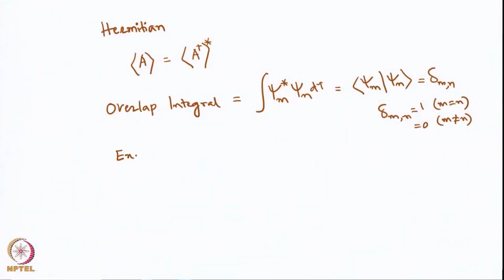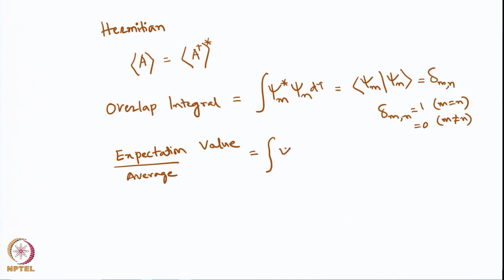Then the other is the expectation value of x. It is also called the average value. This will correspond to an operator A: the average value, or expectation value, of an operator A for a given system.